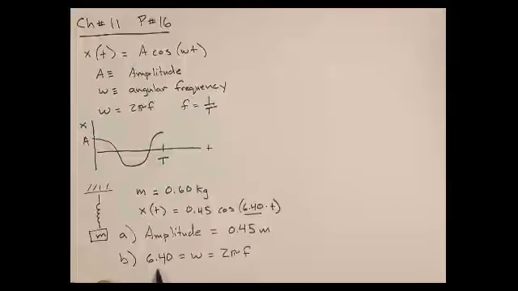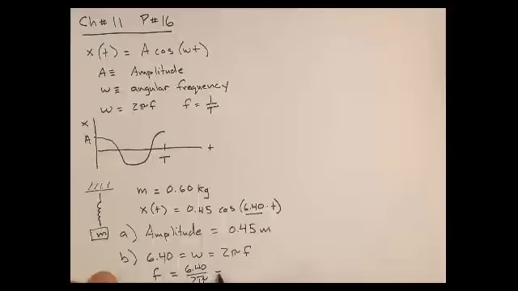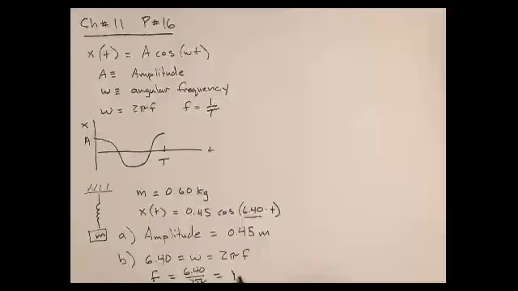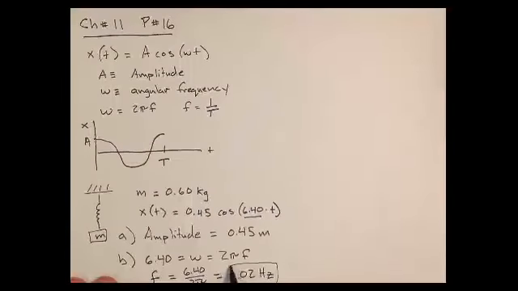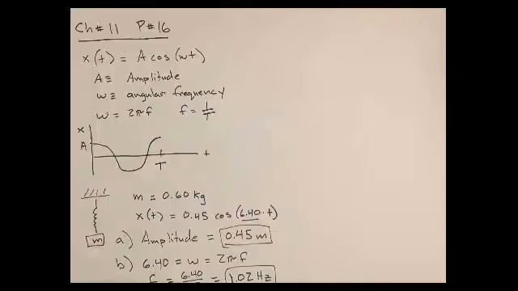The frequency would just be 6.40 divided by 2 pi, which, if I plug that into my calculator, is 1.02 hertz, or cycles per second. This is the answer to part B, and that is the answer to part A. Let's keep moving.